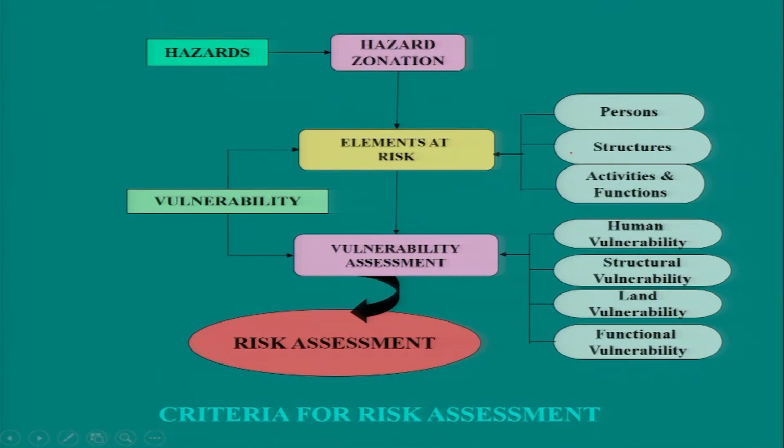Then the vulnerability assessment based on this will give a final input here, with the inclusion of human vulnerability, that is how many people are going to be affected, structural vulnerability, land vulnerability and function vulnerability, and finally you can talk about the risk assessment of the area.